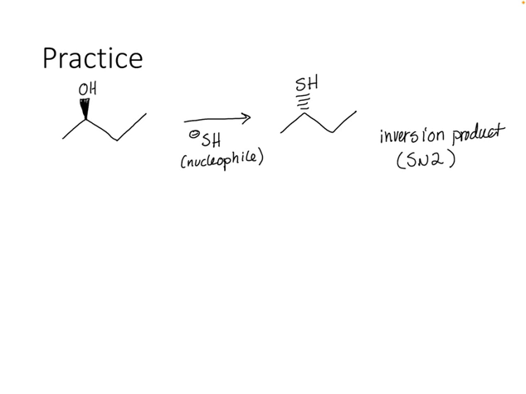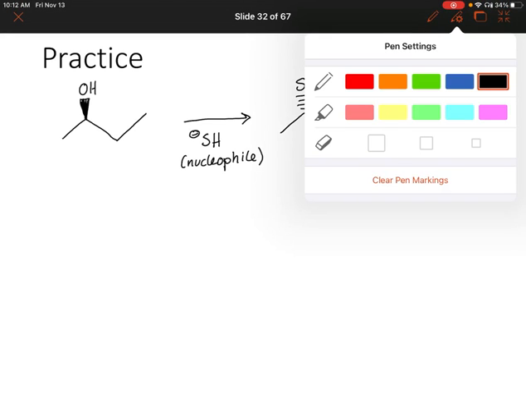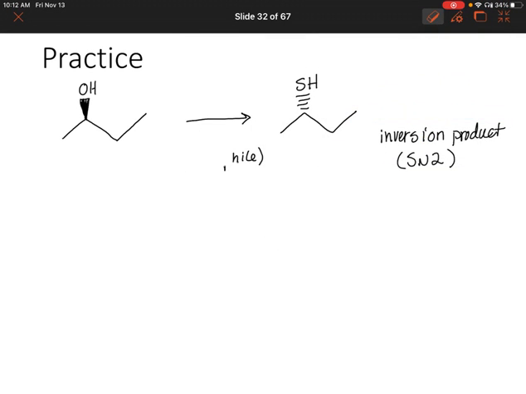Okay, so we know that the nucleophile is going to attack first, and then the leaving group will leave at the same time. But we also have a terrible leaving group here. So we need to convert that into a better leaving group. So how can we do that? And actually, I'm going to erase our nucleophile since that's going to happen in a different step.